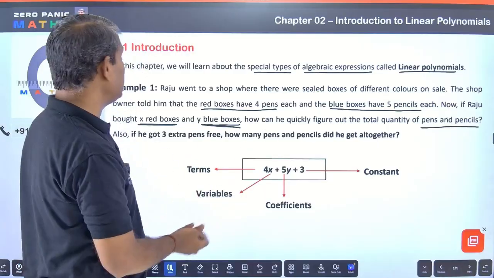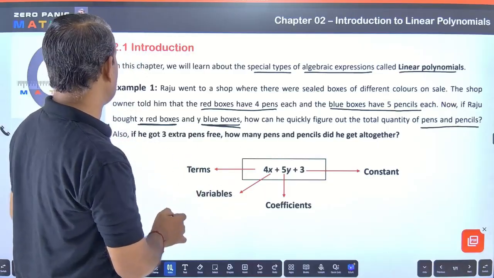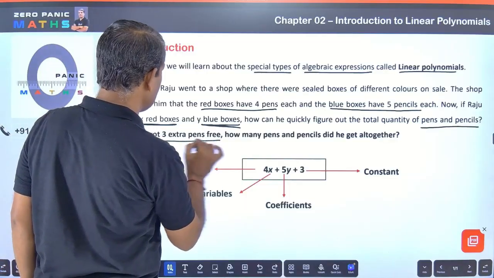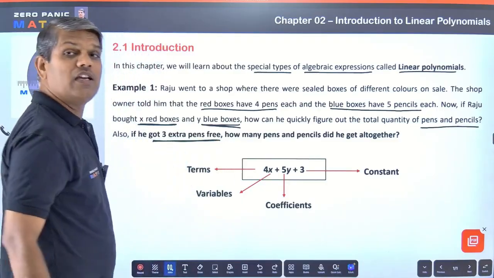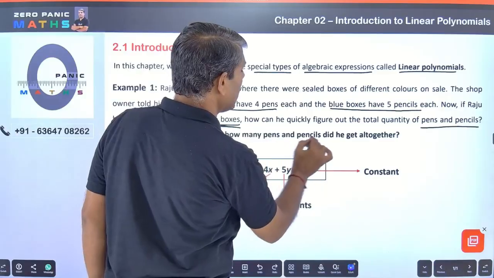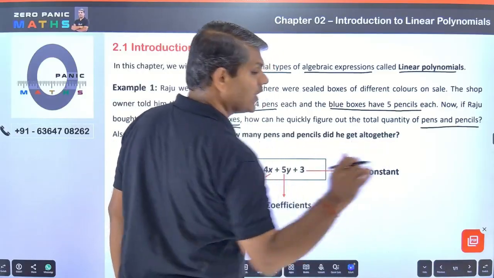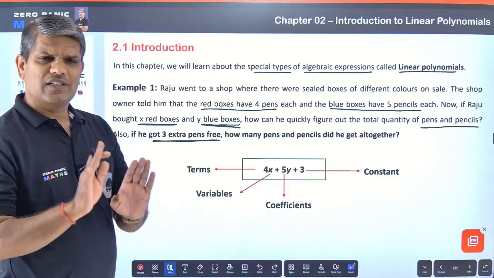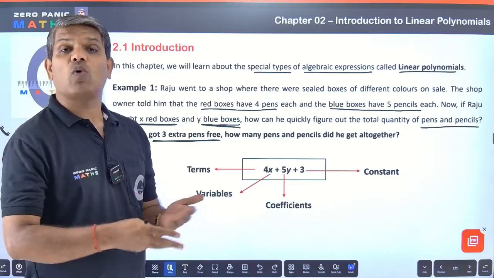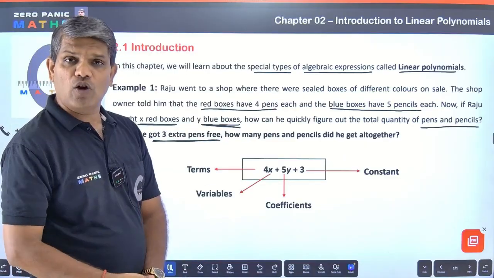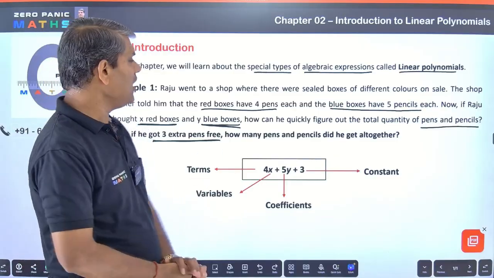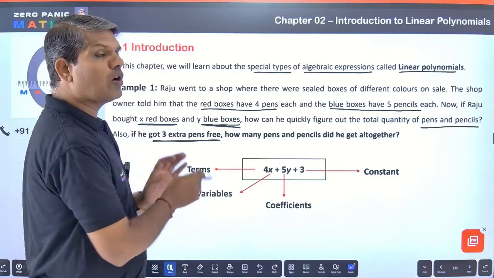In addition to that, there is some additional information given, that if he got 3 extra pens free, then we have to find how many pens and pencils he got altogether. Now this information is very simple, but we are first trying to understand what exactly a polynomial is, and then we will go for what exactly a linear polynomial is.